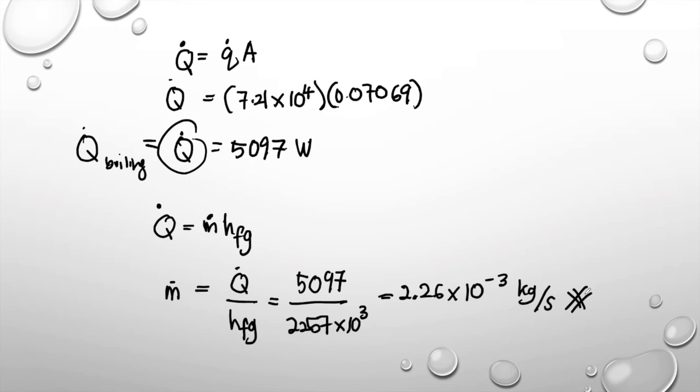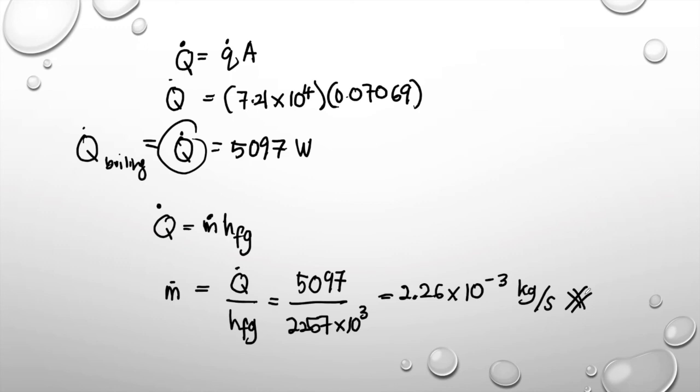After you determine the delta T excess, compare it with the regions: nucleate boiling, transition boiling, and film boiling.